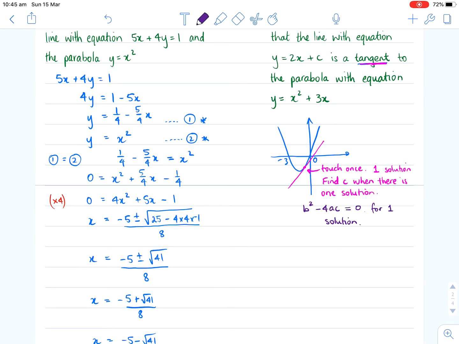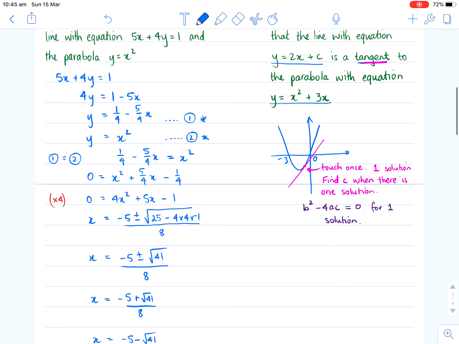Okay, so let's start by finding out an equation that we can use for the discriminant. We already have a y equals for the linear part and a y equals for the quadratic part. So let's start with my two equations. Call that equation 1. And then x squared plus 3x, that is equation 2.